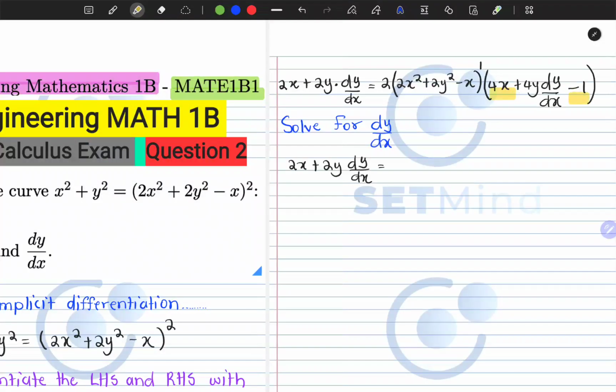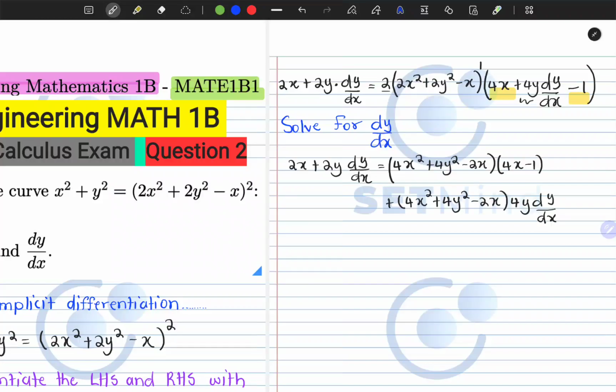The 4x minus 1 will go together. I'll multiply the 2 inside there, so I'll have 4x squared plus 4y squared minus 2x multiplied by 4x minus 1. And then the other bracket will be 4x squared plus 4y squared minus 2x, and that will be multiplied by this 4y and then dy dx.